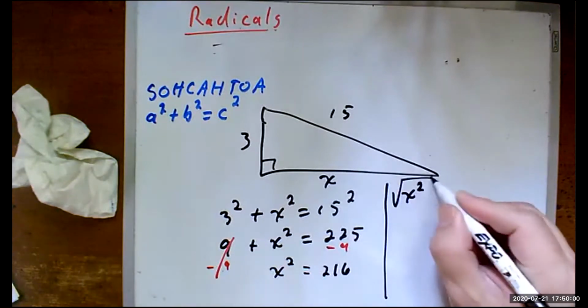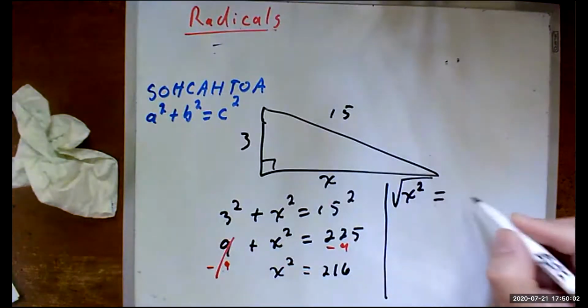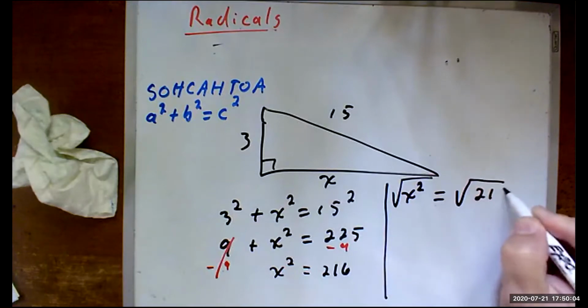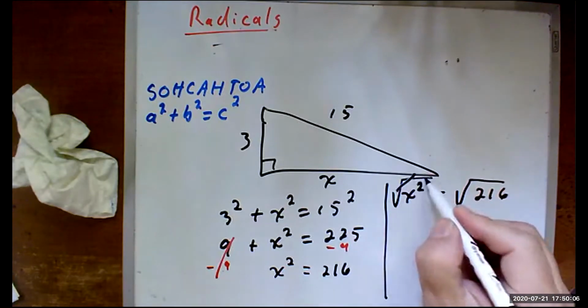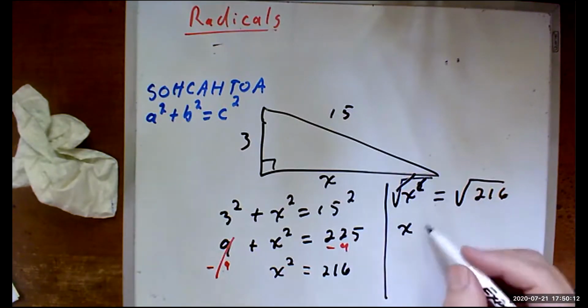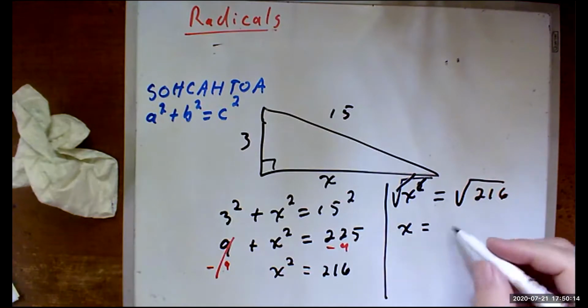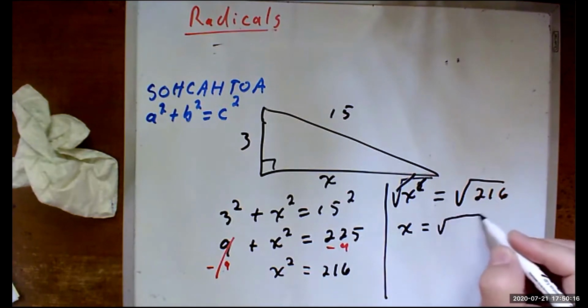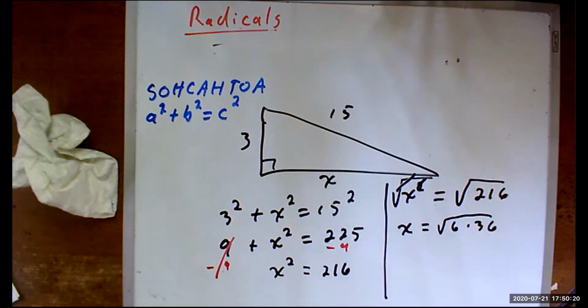So now I'm going to take the square root of my x squared, and that's going to take that away, and I then need the square root of 216. Without going through the full factor tree on this, this is the same as saying 6 times 36.